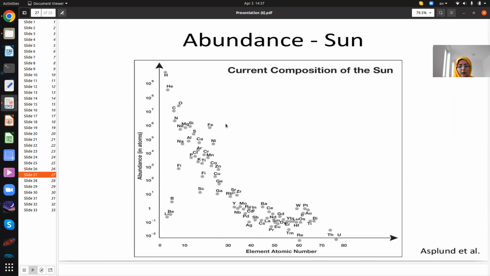In the sun, we have ionized hydrogen and helium, but in comets and asteroids, we have hydrogen and helium with other elements. And it is important that you know that carbon and oxygen are the most abundant elements in the universe, and we ourselves are carbon species. Most of our elements are carbon.